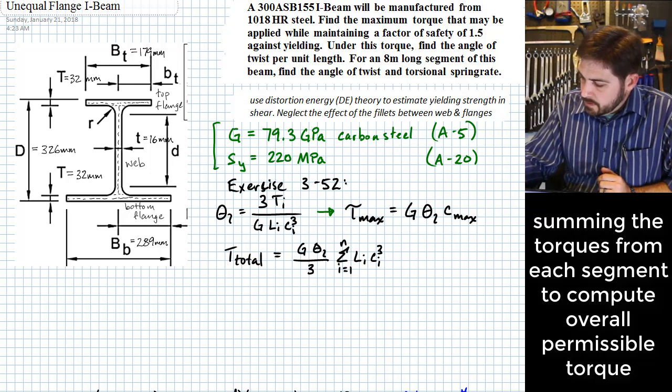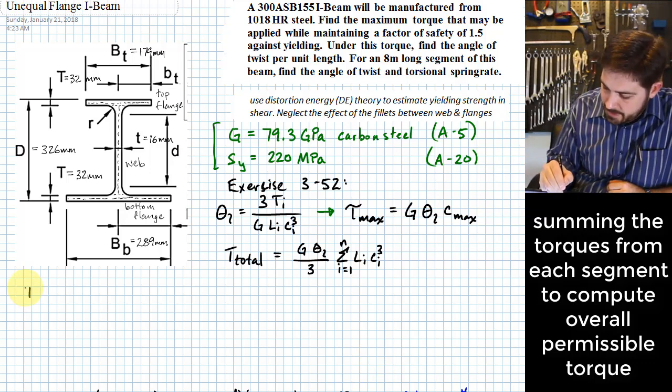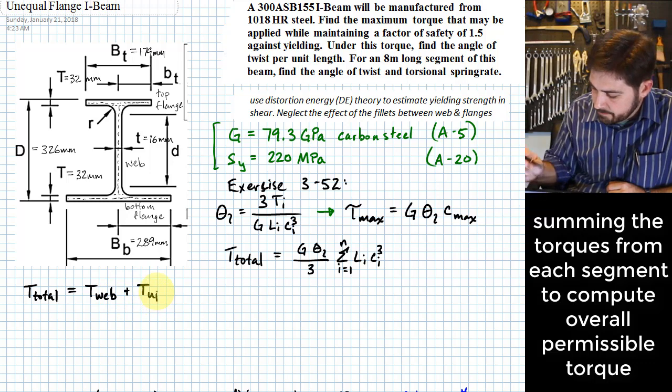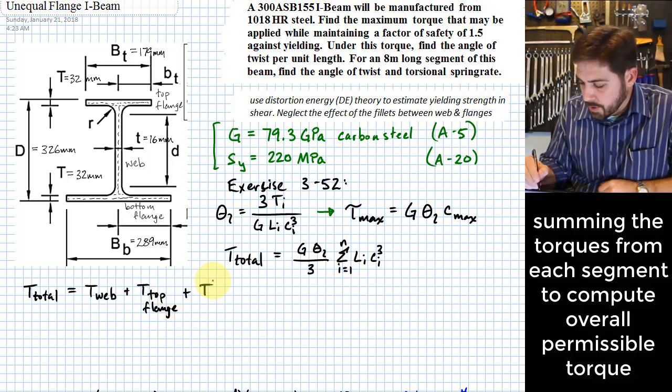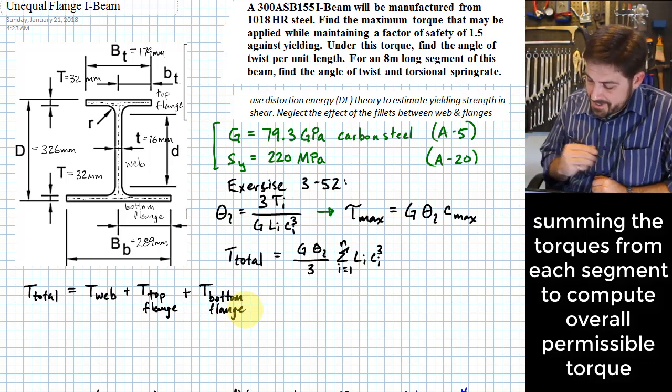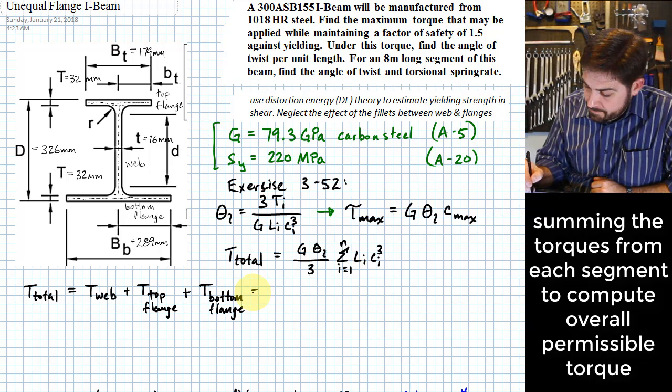Okay, so what that looks like is that the total torque is equal to the torque carried in the web plus the torque carried in the upper flange. I think I called that the top flange. And then plus the torque carried in the bottom flange.